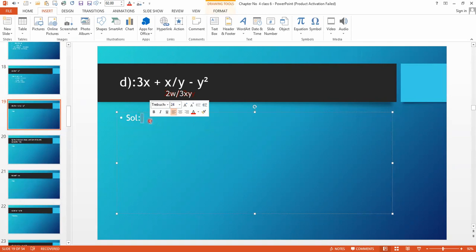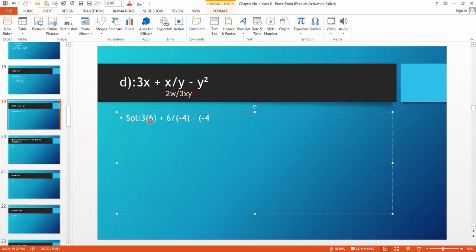That is 6, 3, bracket 6. And then we have to put the sign, that is plus. Again, x is there. This means 6. And it is divided by y. And what is the value of y? It is minus 4. So I have to put it in a bracket. Next, minus. And the value of y is minus 4, and we have to take its square.